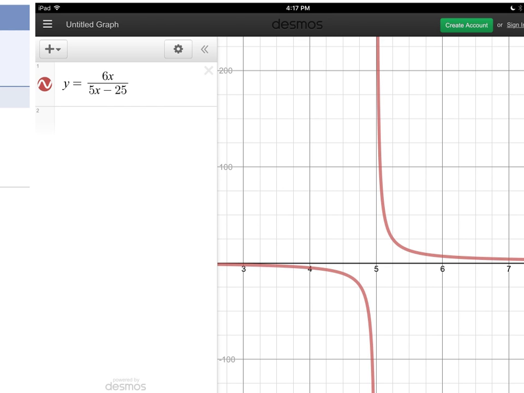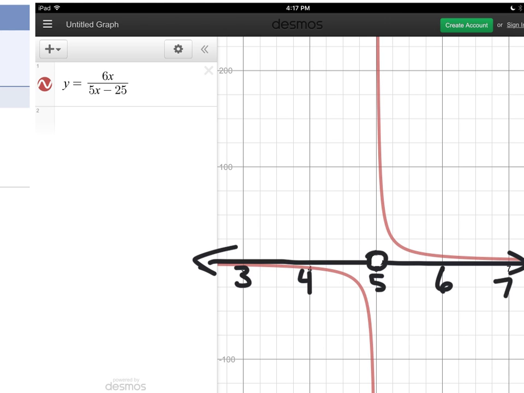You'll notice down here for our x values that something special happens right here at 5. That's where x is never allowed to be 5. So you've got 3, 4, 5, 6, 7, and you'll notice this is called an asymptote.